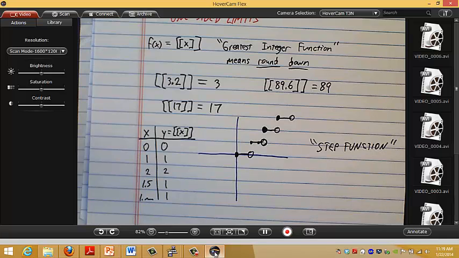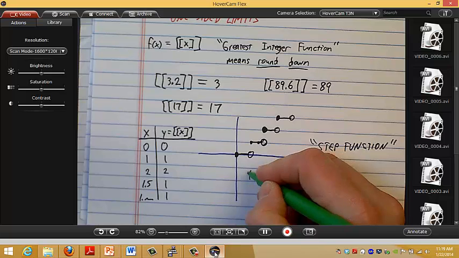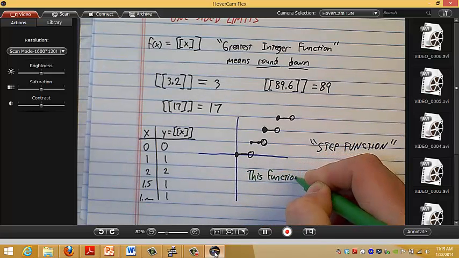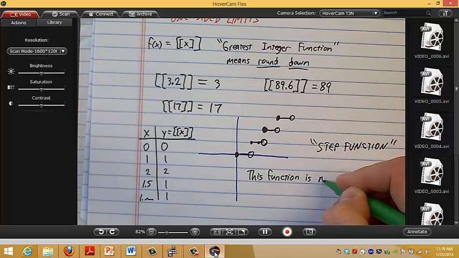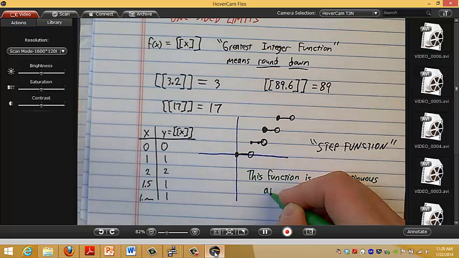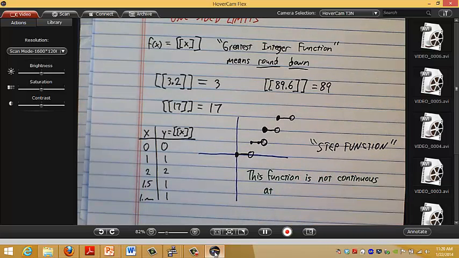A couple things I want to say about this function. This function is not continuous at where? Give me a place that it's not continuous, that you'd have to pick up your pencil to draw it. 1.5, 2.